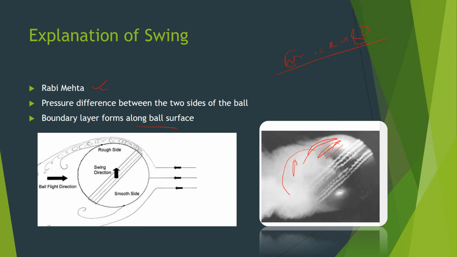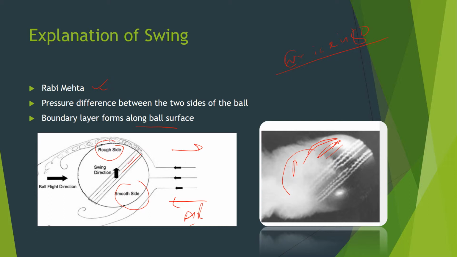So let us discuss the case of the inswinger. Your ball flight direction is like this, as the bowler has thrown the ball in this direction, and air is coming from the opposite direction. That is your smoother side, and that is your rough side. Why is this the rough side?